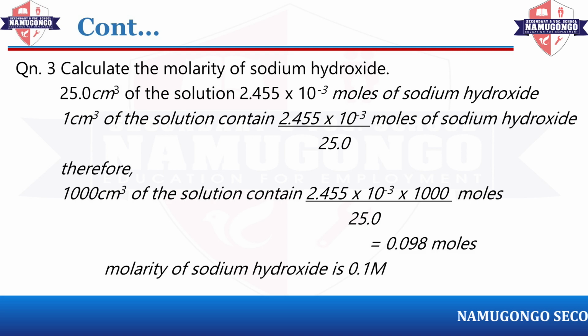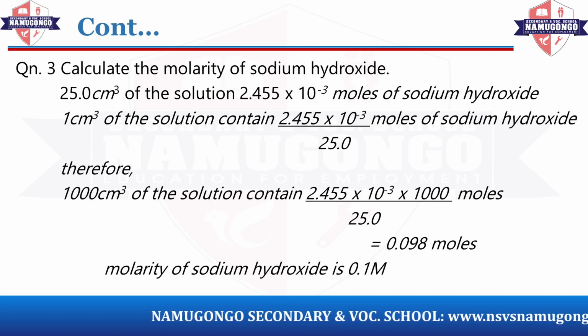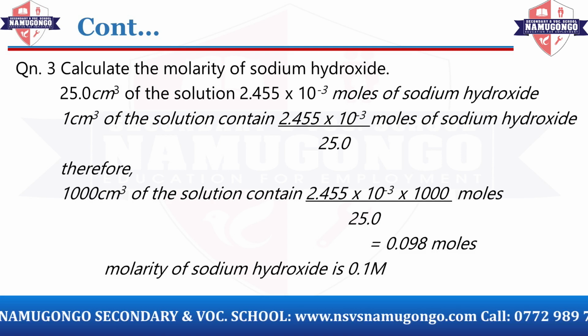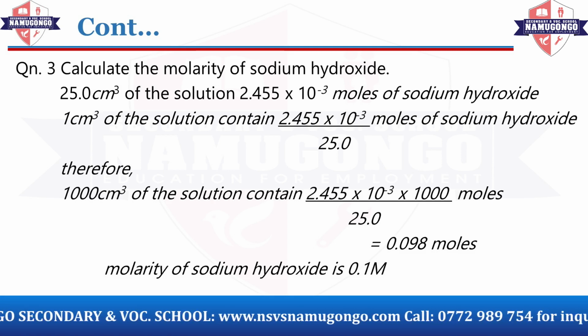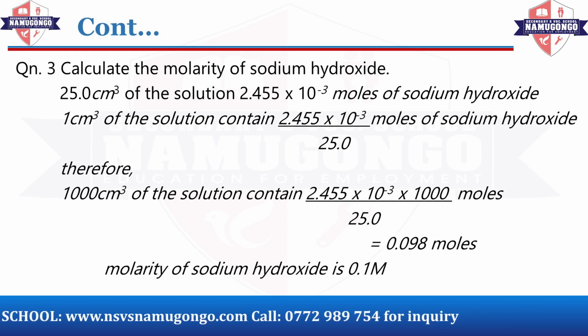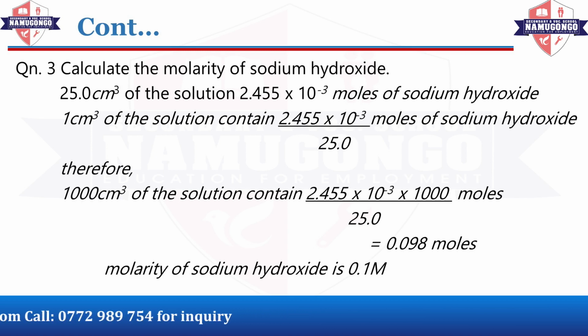So having gotten the number of moles of sodium hydroxide, remember, we pipetted 25 of the unknown and transferred it into the conical flask. So that means it is the 25 which completely reacted with the average volume of hydrochloric acid.